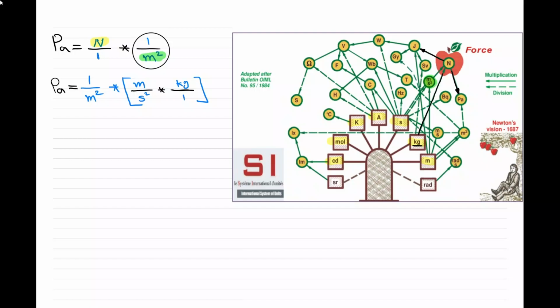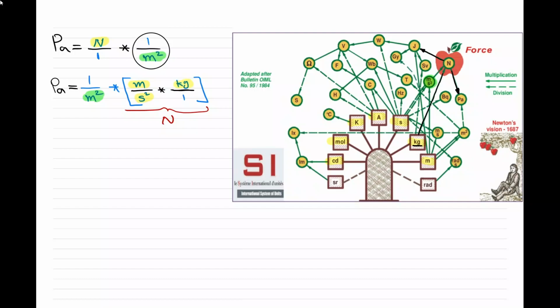Now let's check. We already said that meter square is already base. This is the Newton base unit. This is the Newton derivation, okay? So, by checking, meter is base, second is base, kilogram is base.